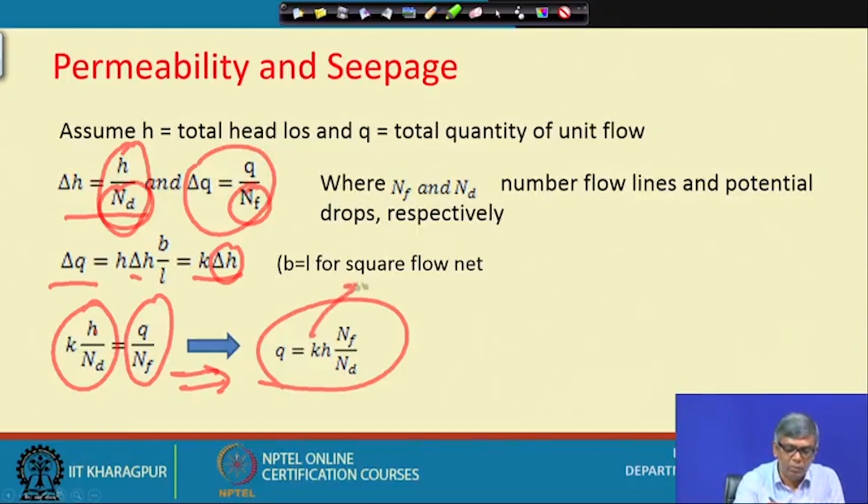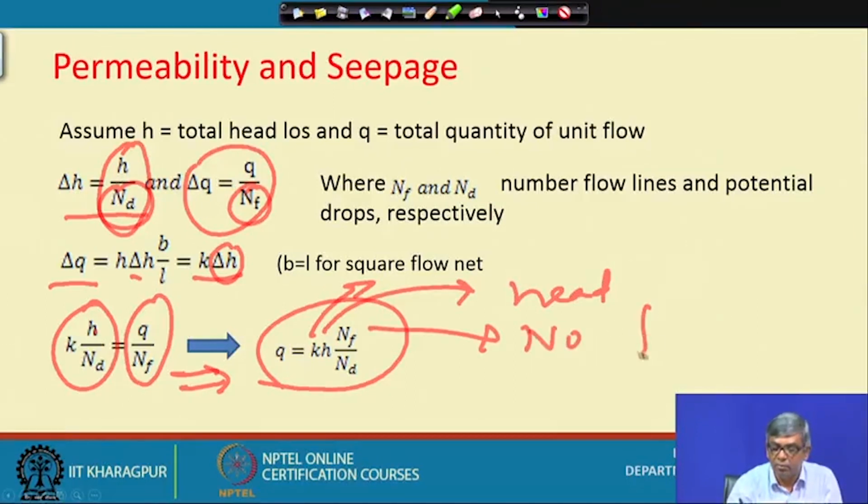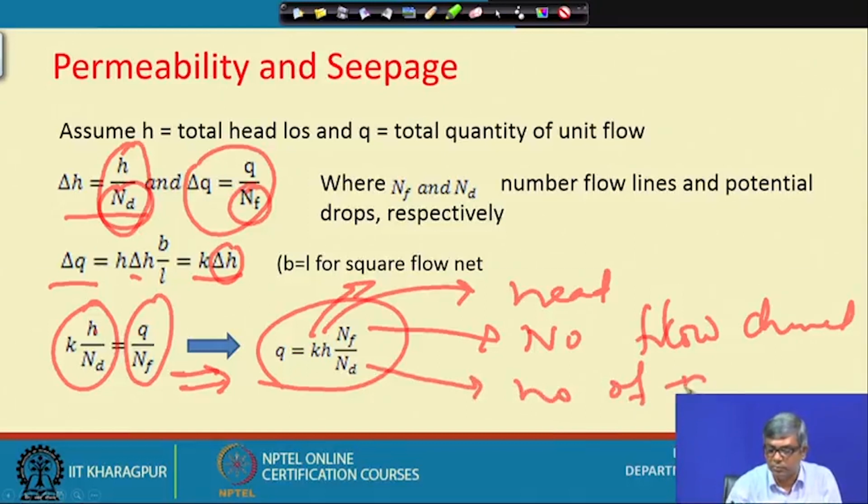Here K is the coefficient of permeability, H is the head loss from upstream to downstream, N F is the number of flow channels, and N D is the number of equipotential drops.